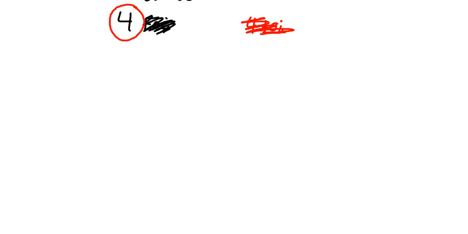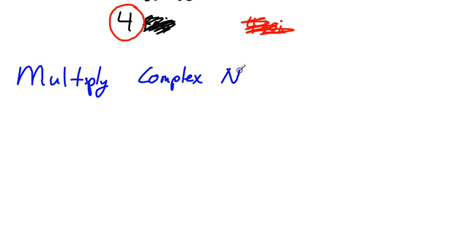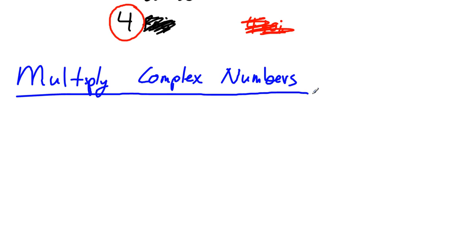So with addition and subtraction, just combining like terms. When you multiply complex numbers, now this could either be distributive property or it could be the full method. It's still the exact same thing as if you were doing distributive property or full method. Nothing really changes.